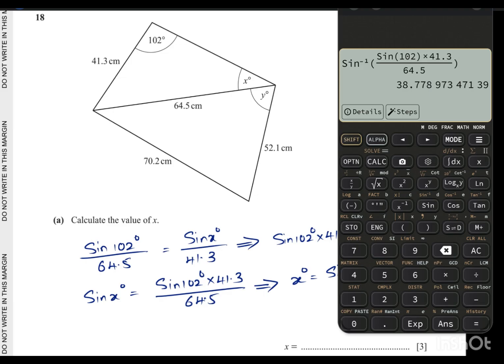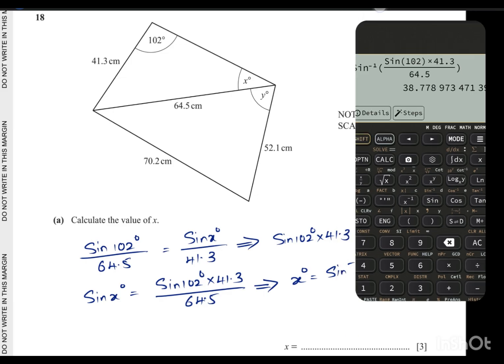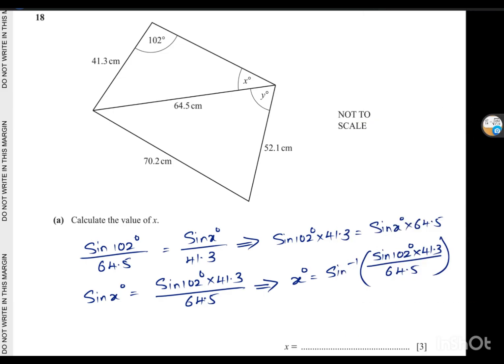We got 38.778. So x is equal to 38.778, which can be rounded to 38.8 degrees. 38.8 is the answer.